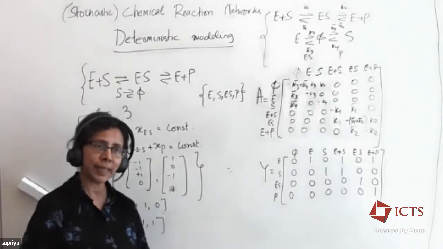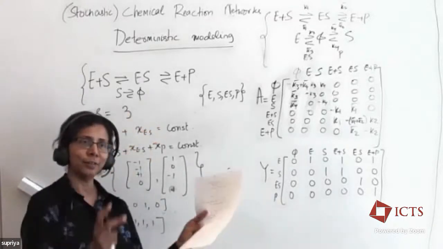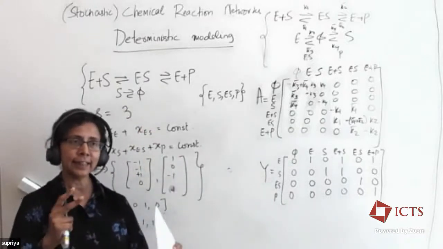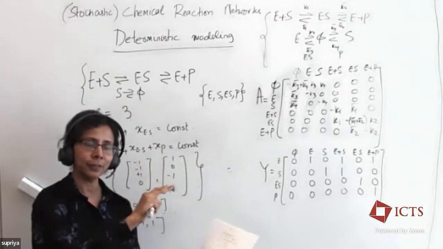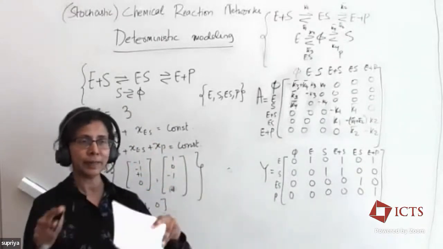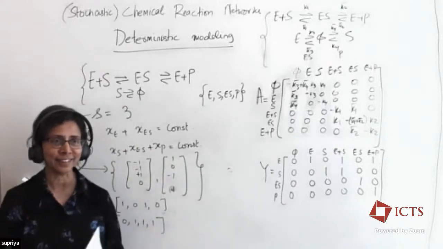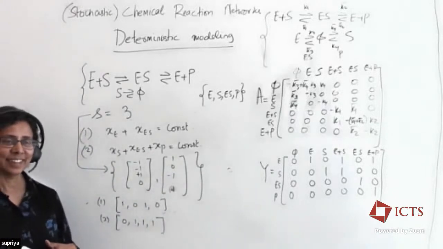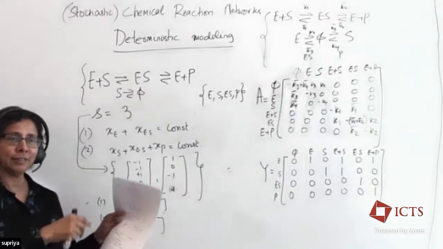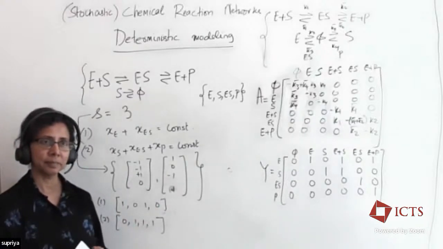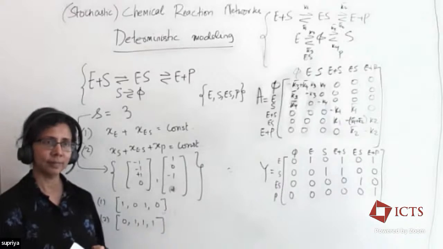So there is a space where your vectors are living, and then there's another space which has the vectors all perpendicular to this one, like orthogonal to this one. Orthogonal subspace. Yes. Now I remember. So the conserved quantities are living in the orthogonal subspace. Okay. Yeah.